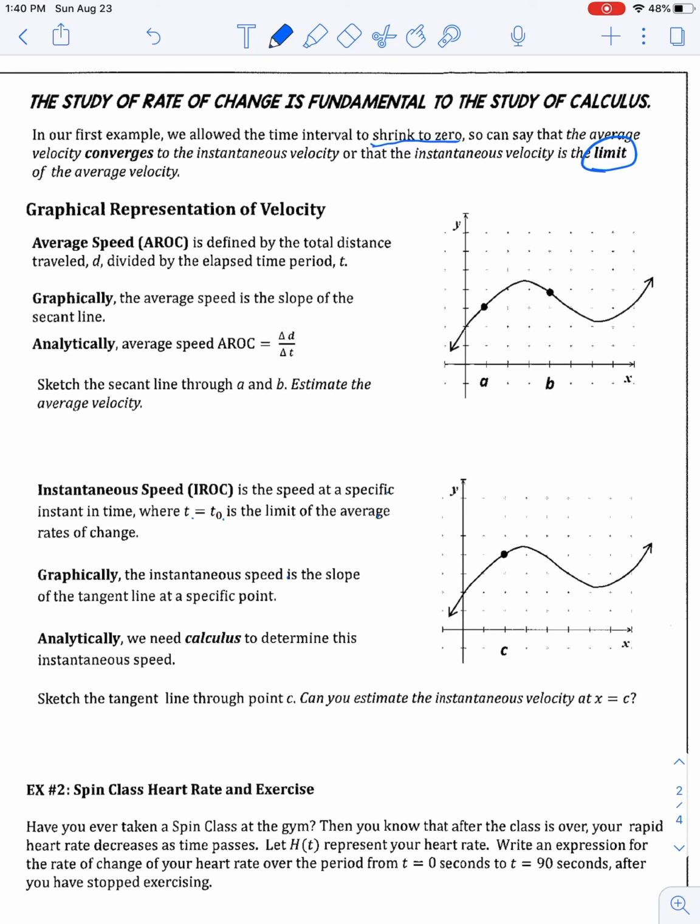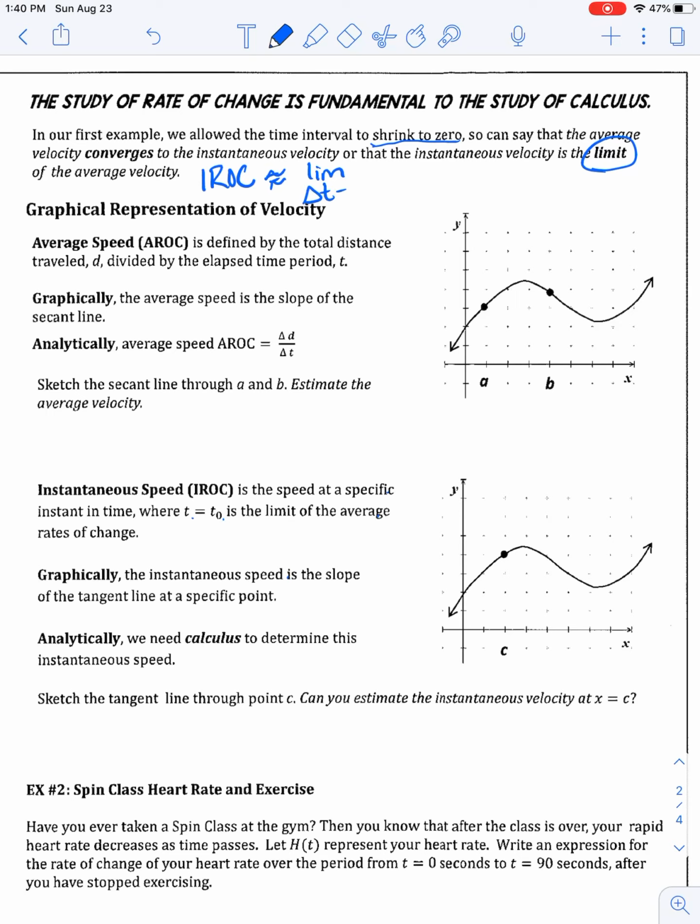Okay, now I'm going to show you an abbreviation for instantaneous velocity and for average velocity, and they're coming up in the notes. The instantaneous rate of change, IROC, equals, or let's do approximately, the limit as, okay, now we want the change in the time to go to 0.